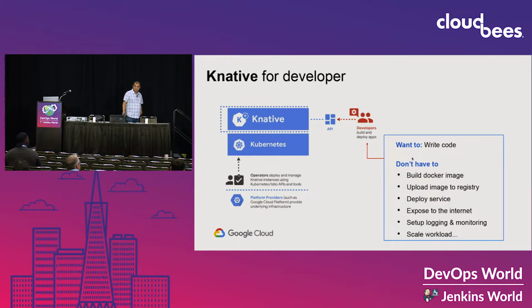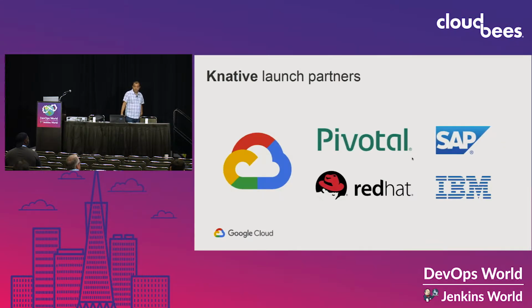So these are the major launch partners for Knative. Pivotal provides support for Knative. IBM has some offerings. If you have a Kubernetes cluster in IBM Cloud, you can support Cloud Run on GKE, which is a Knative implementation for IBM Cloud.